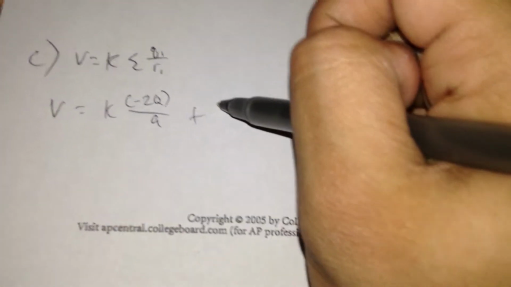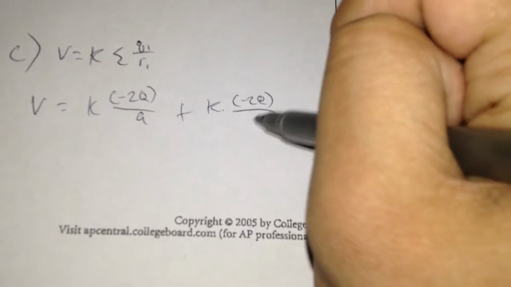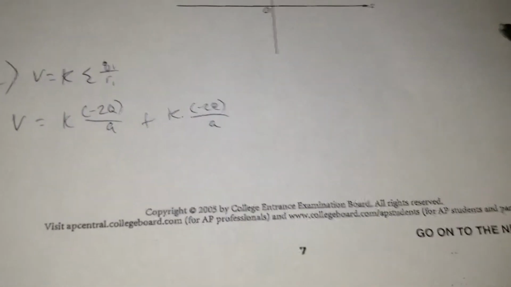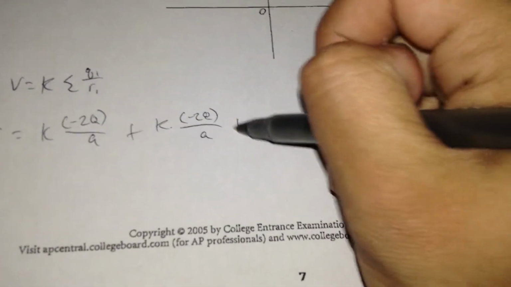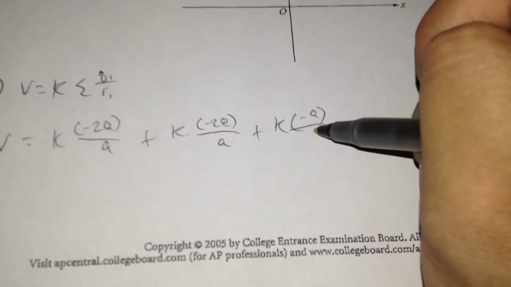So V equals k negative 2q over a plus another one of those for those two charges, plus the other one, k of negative q over 2a this time.